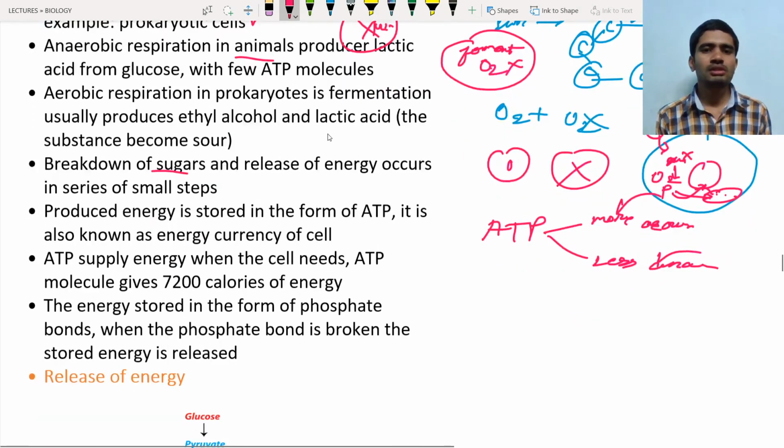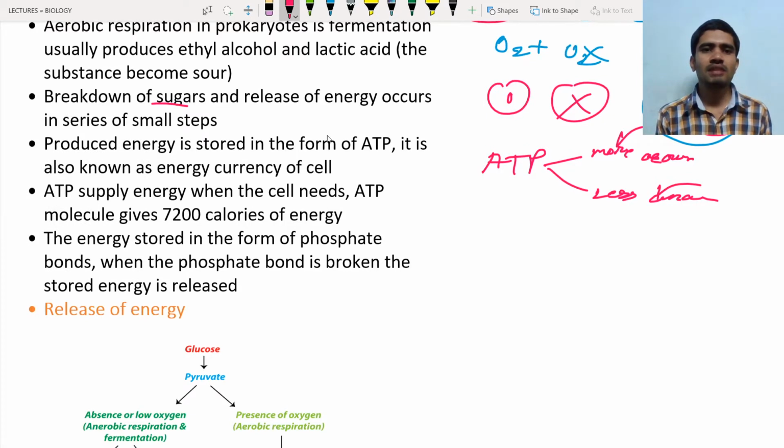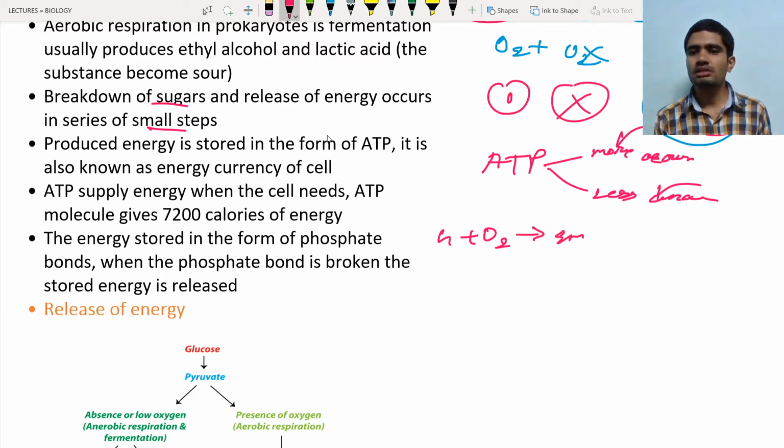Next, the breakdown of sugars and release of energy occurs in a series of small steps. So glucose plus oxygen, that is aerobic respiration, occurs in small steps. Small steps means many steps are included to produce energy. We will discuss the combustion process also after a moment. Here, just now we have seen that ATP molecules are produced.